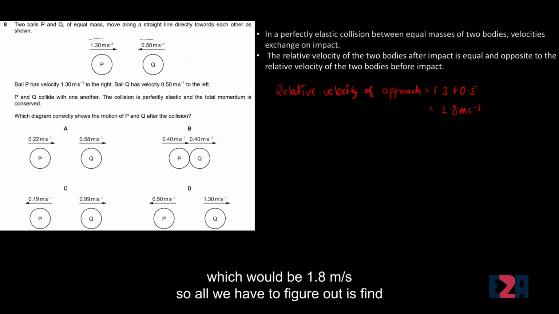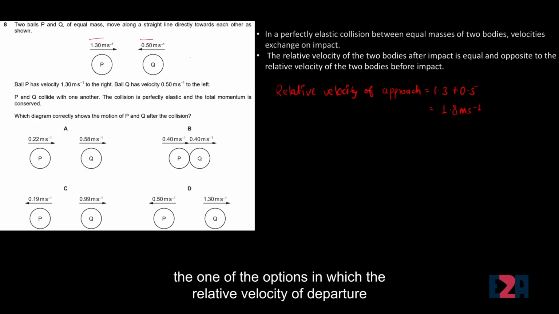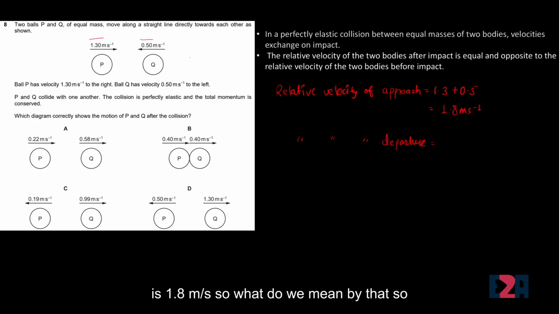All we have to do is find one of the options in which the relative velocity of departure is 1.8 meters per second.